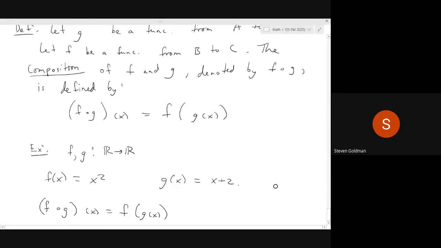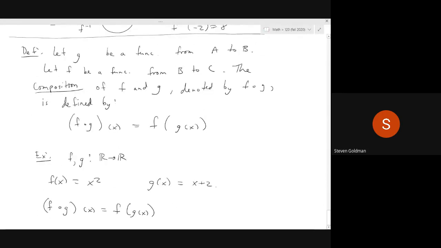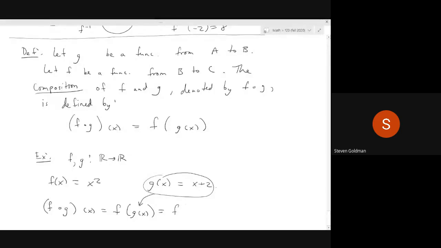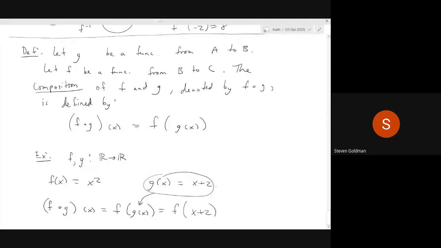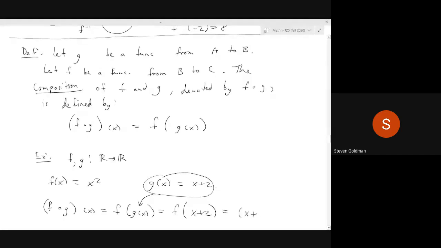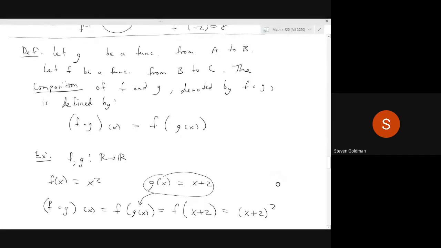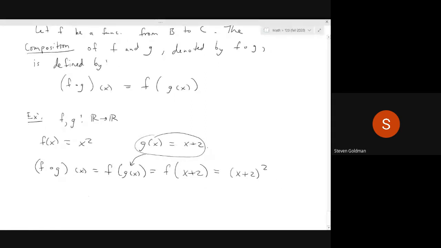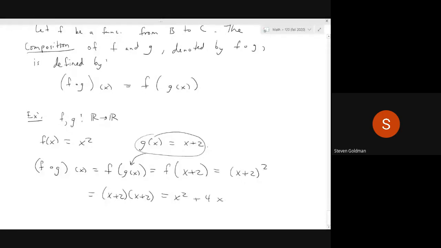So the composition of these two functions in this example is going to be equal to f of g of x. g of x is x plus 2. So what this means is I'm taking g of x and I'm plugging it into the function f. So I get f of x plus 2. Okay. So in f, wherever I have an x, I'm replacing it with x plus 2. So f of g of x becomes (x plus 2) squared. Okay. If I square that, I get (x plus 2) times (x plus 2), which is x squared plus 4x plus 4.